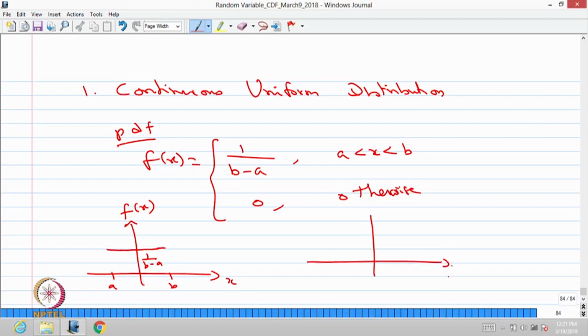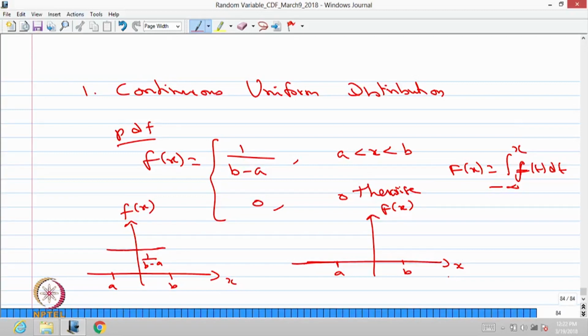If you draw the CDF of the continuous uniform distribution, till a the value is going to be 0. From a till b, you find the integration: capital F of x is the integration from minus infinity to x of small f of t dt, that is the probability density function. If you substitute and integrate from minus infinity to a, the probability density function is 0, therefore the value is 0.